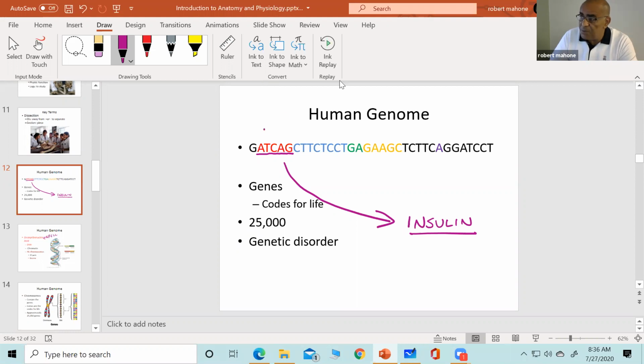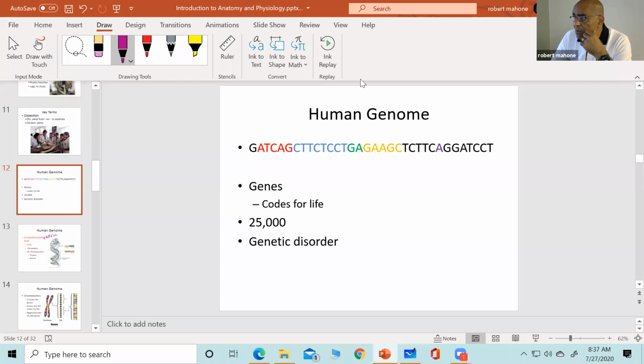So that's the recipe for insulin right there. And if yours is scratched in some way, it's like having that recipe card with gravy dropped on it. You can't read what that says right there. Your body may not be able to produce insulin.